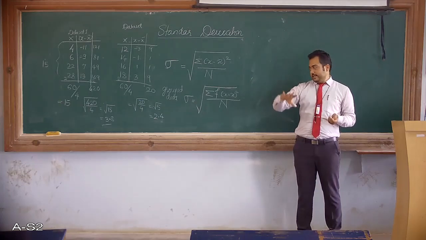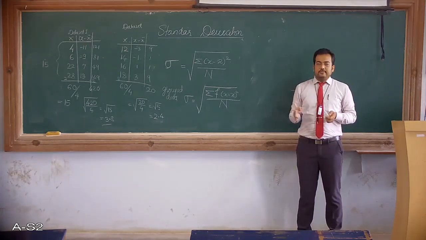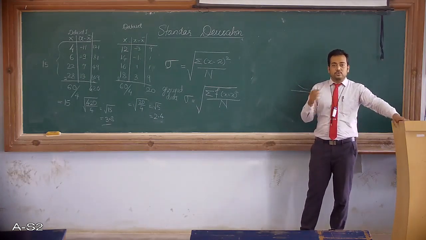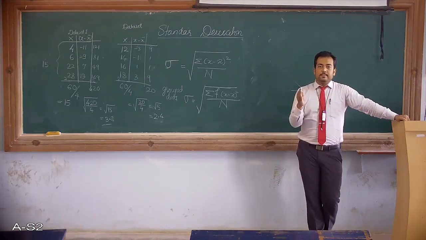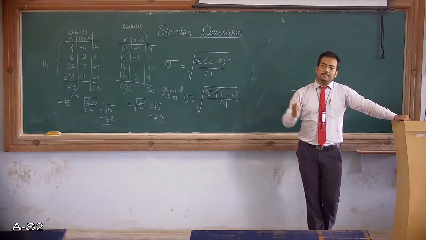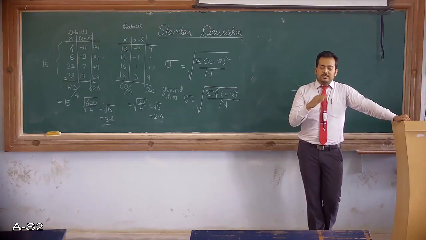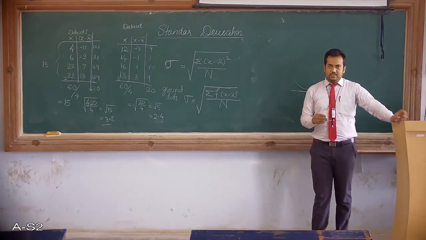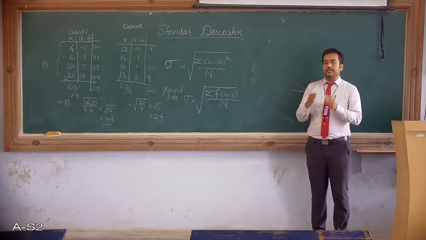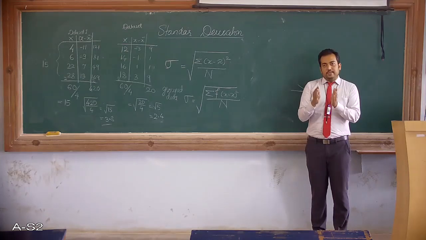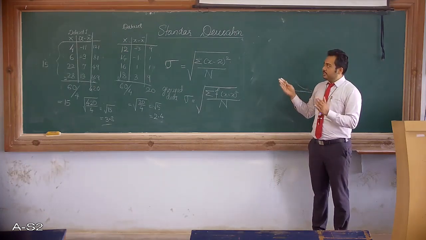In the second dataset, a standard deviation of 2.4 means most of the values are between arithmetic mean minus 2.4 and arithmetic mean plus 2.4. This is the indirect meaning of the standard deviation. Same for dataset 1, and for dataset 1 that spread is more. I mean the deviations are more as compared to dataset 2.